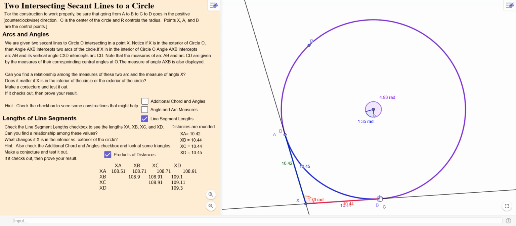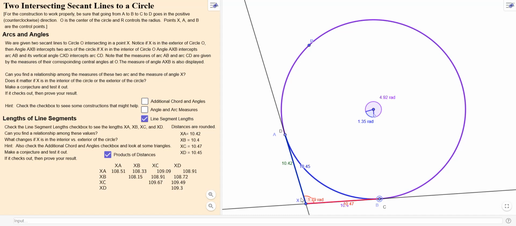So if they're both tangent lines, okay, I don't have it perfectly here, but it's approximately, then what happens is XA squared equals XC squared, which means XA and XC are the same. So if you've got two tangents from the same point external to the circle, those two line segments have to be congruent. In fact, if you now connect these up to the center point, you've got yourself a nice little kite there.